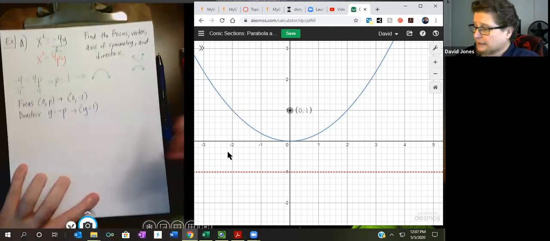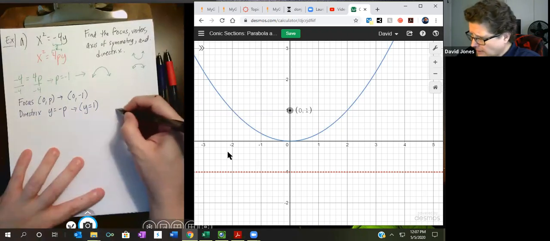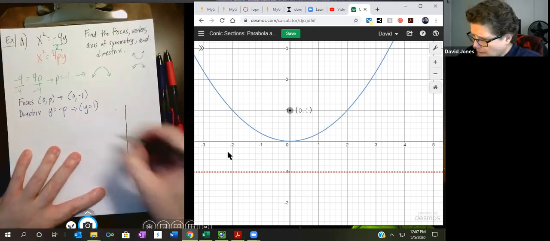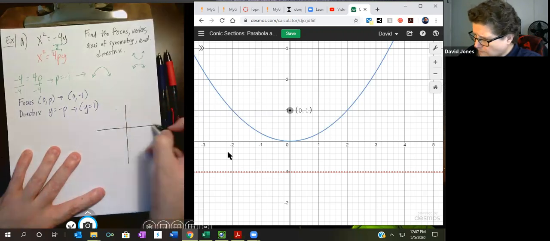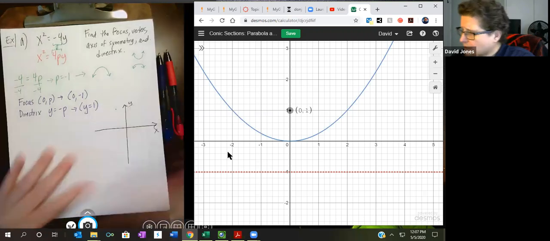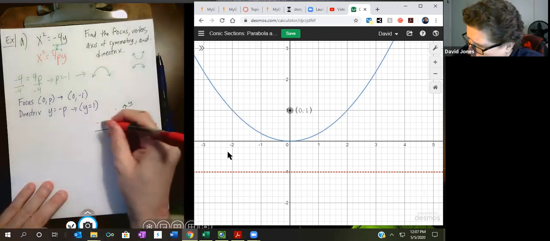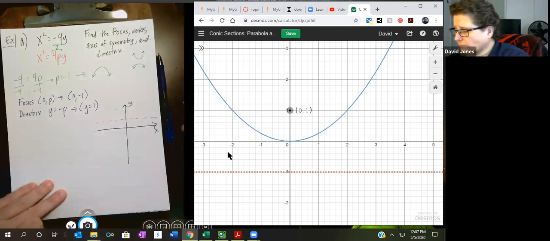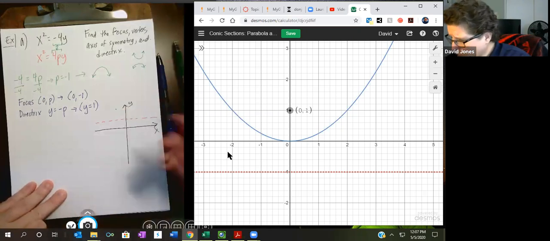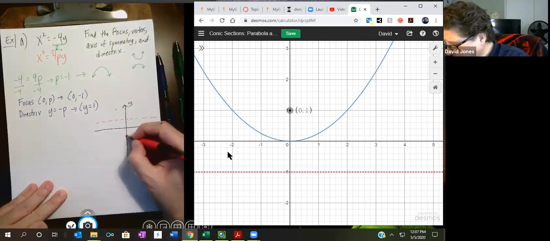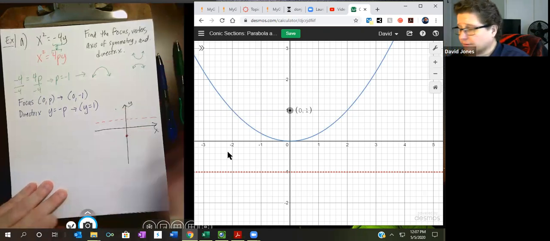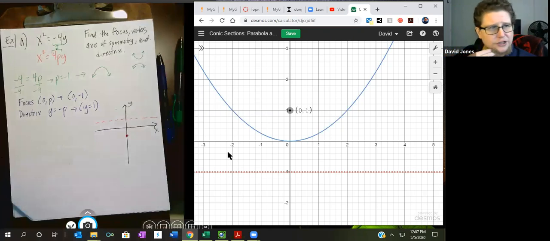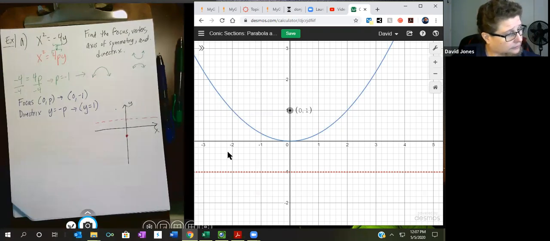Let's sketch what we got. My directrix is at y equals 1. My focus is at (0, negative 1). My graph opens down. What I failed to show you before, and I need to bring it up right now, this is as good a spot as any to do it on this graph.